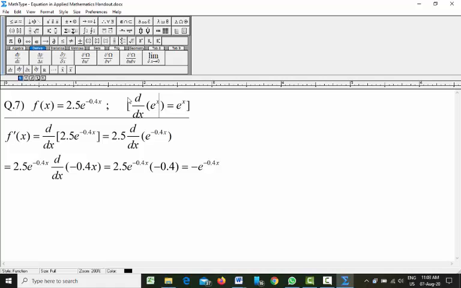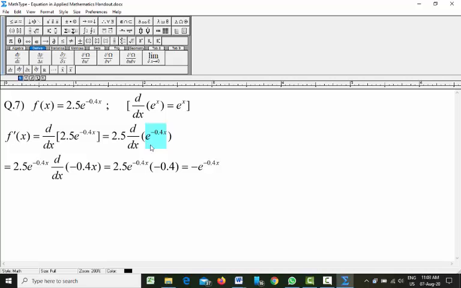Right. So here we want to do differentiation of 2.5 e to the power minus 0.4x. Here 2.5 is the coefficient, so you need to move this one behind d by dx. In front of d by dx we will have only e to the power minus 0.4x.